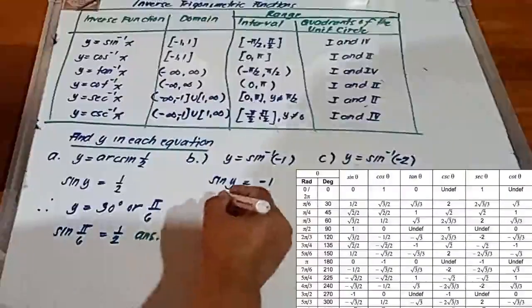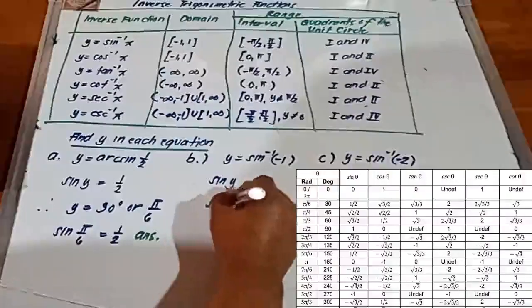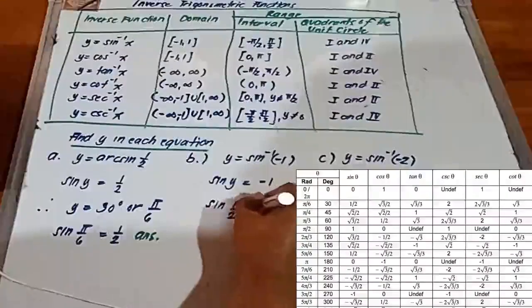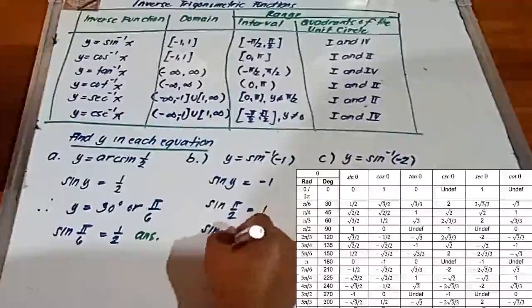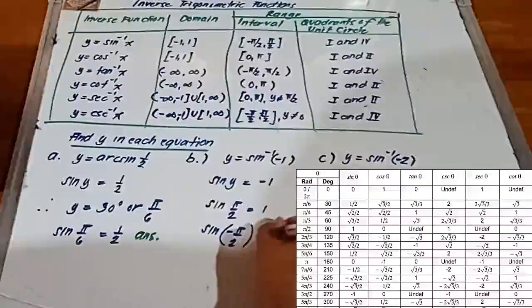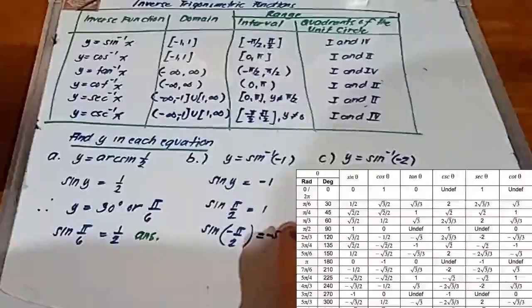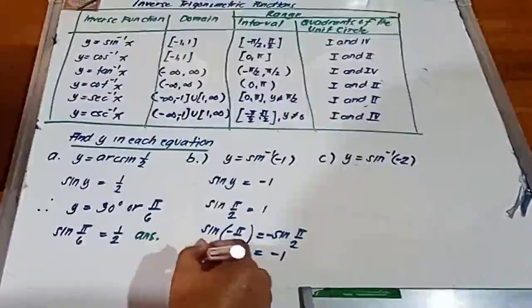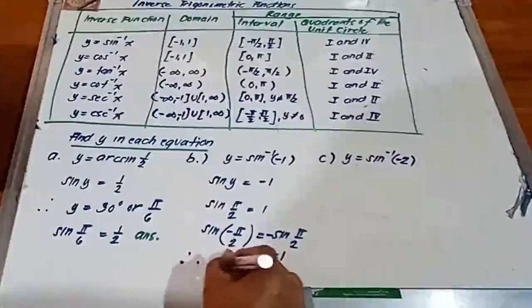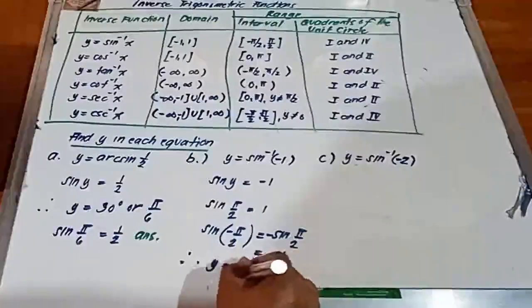Okay? Sine pi over 2 is 1. And sine -pi over 2 is negative sine pi over 2, which is equivalent to -1.